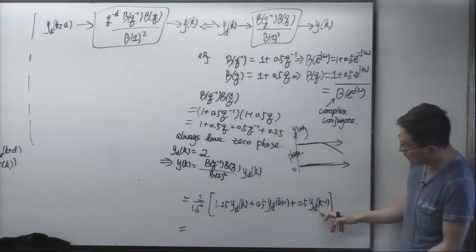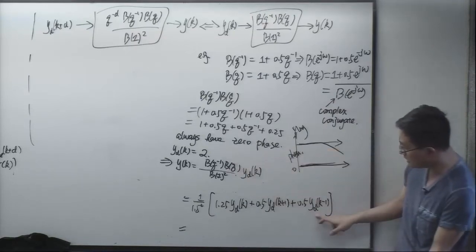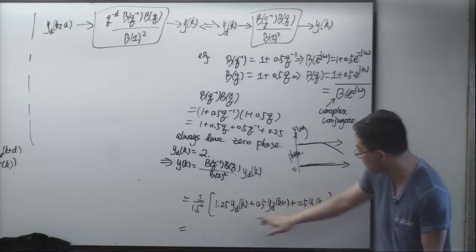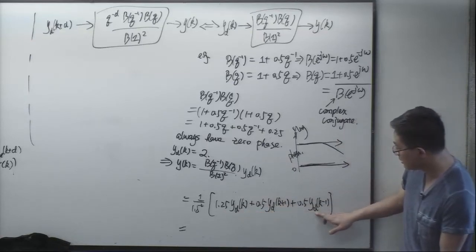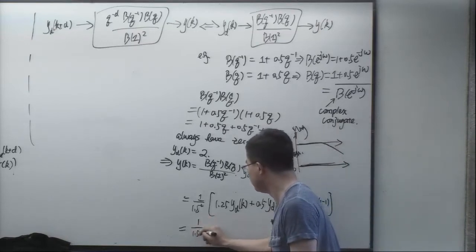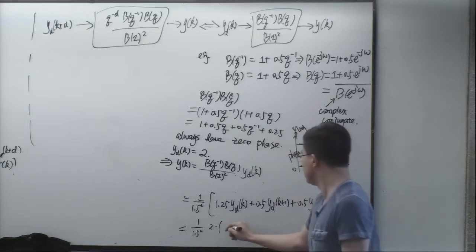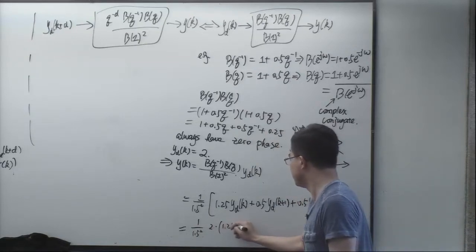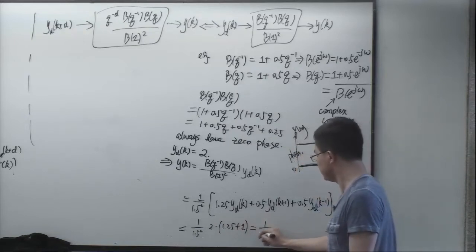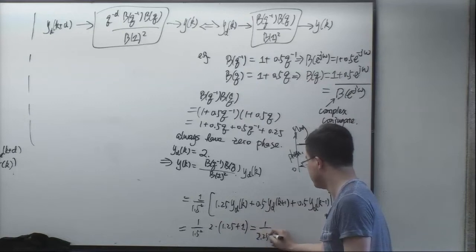If the desired reference is a constant 2 here, you can see the result is going to be, these are all the same, so it's 2, 2, 2. The result is going to become 2 times 1.25 plus 1. So 1.5 squared is 2.25.